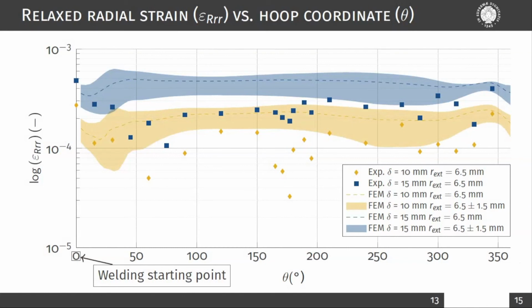Again, the asymmetric distribution of results in both numerical and experimental data is quite evident. In this case, the scatter between numerical and experimental results is larger with respect to the case shown before, since the dispersion in strain gauge measurements varies considerably when the hoop direction is considered rather than the radial one.